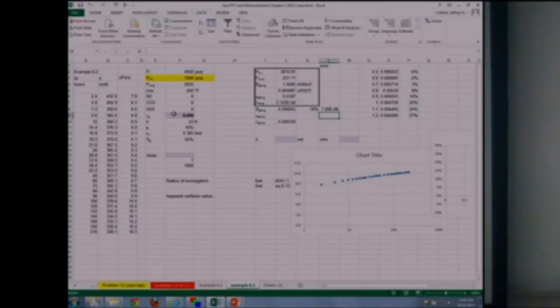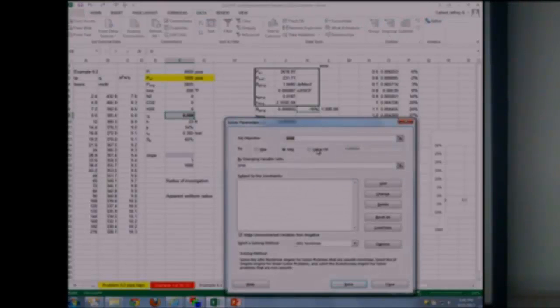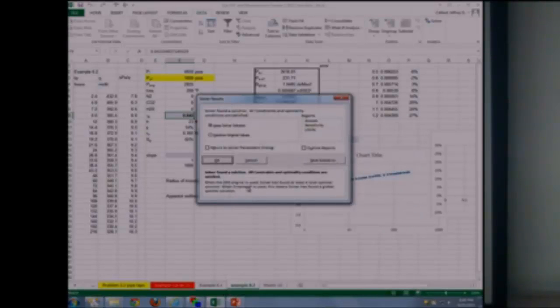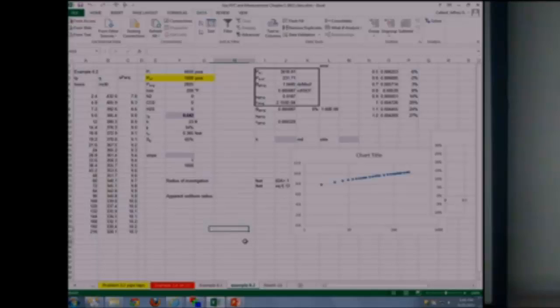See, I get 0. For some reason, solver didn't work for me. Keep losing it. Anyway, I end up with 0.642. And my gas saturation then becomes 65%. I think that's the way I started doing it. Okay, does that help you?